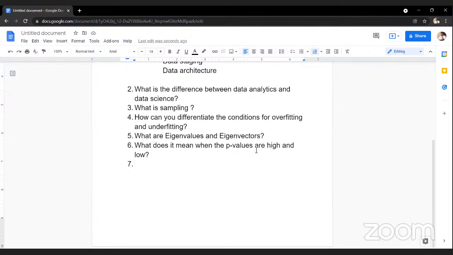A p-value is a measure of the probability of having results equal to or more extreme than the results achieved under a specific hypothesis, assuming that the null hypothesis is correct.